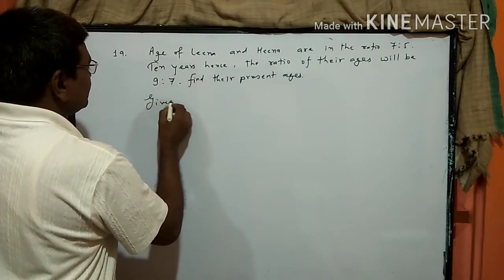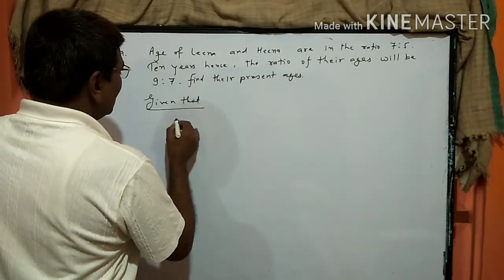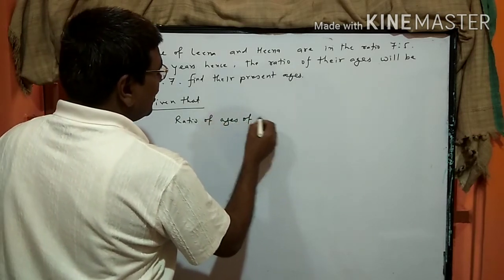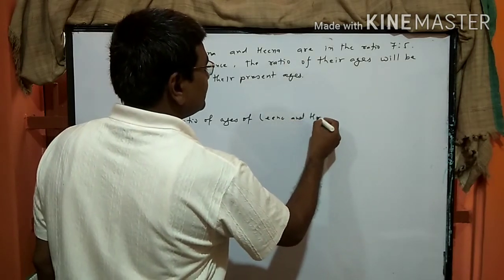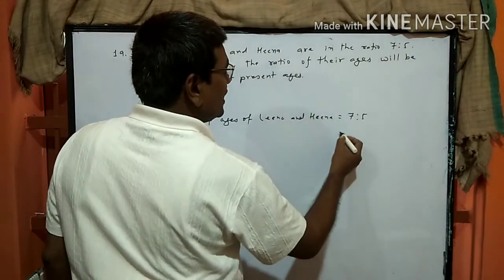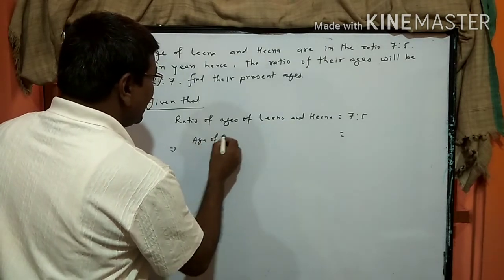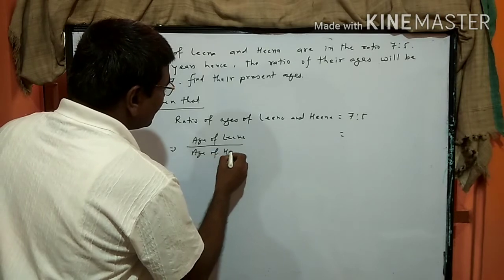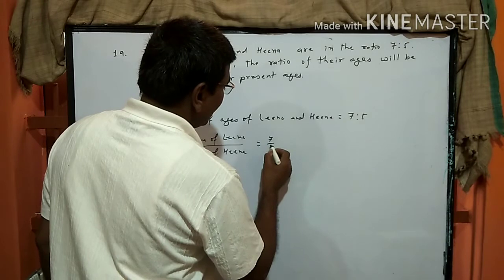Given that the ratio of ages of Leena and Hina equals 7:5. You can write it as a fraction: age of Leena by age of Hina equal 7/5.